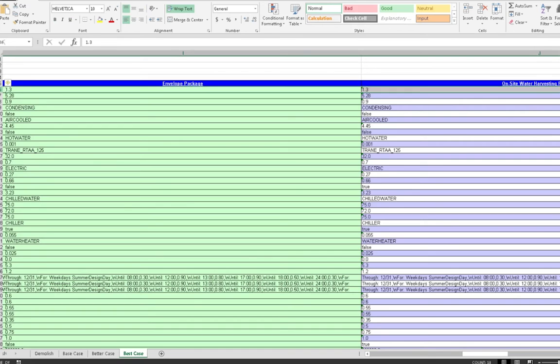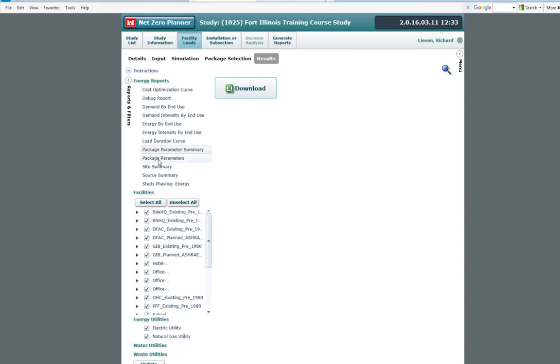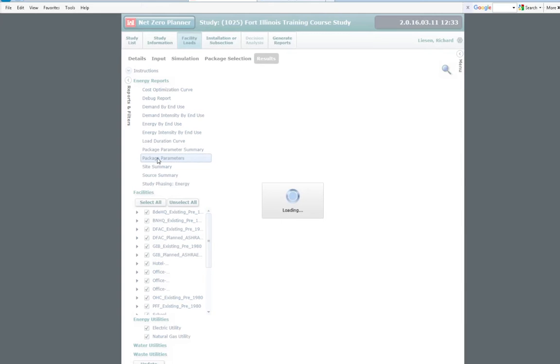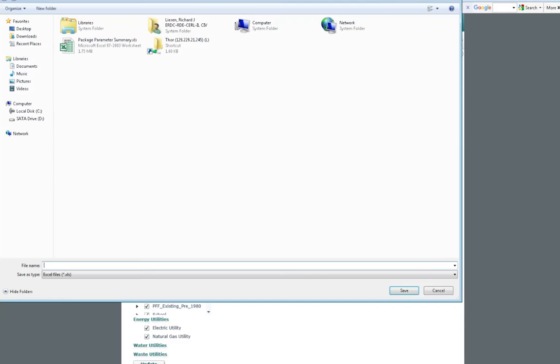Column 6 was set at 1.3. So that's what I'm looking at when I look at this. So this gives the data in one slice. You get another slice of that with the package parameters. We're going to download that as well.